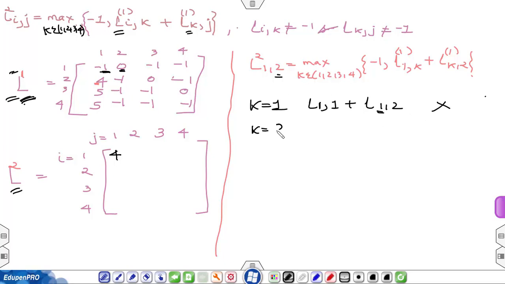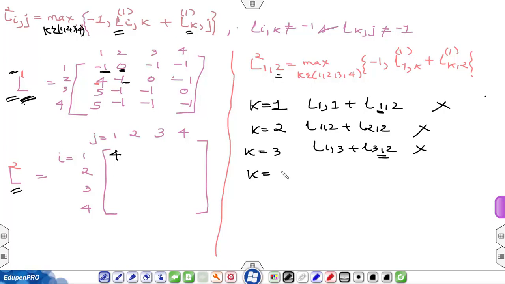For k equal to 2, it becomes L(1,2) plus L(2,2). So 1 comma 2 is 0, this is 1 comma 2, and 2 comma 2 is negative, invalid. For k equal to 3, L(1,3) plus L(3,2), so 1 comma 3 is negative, invalid, no need to check the second element.